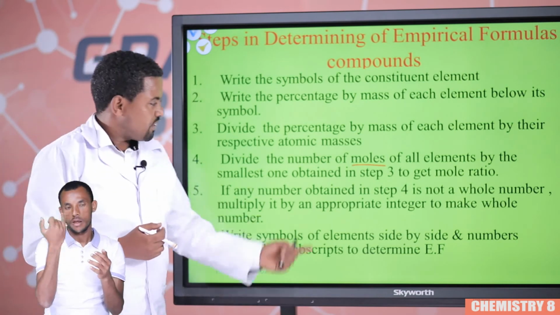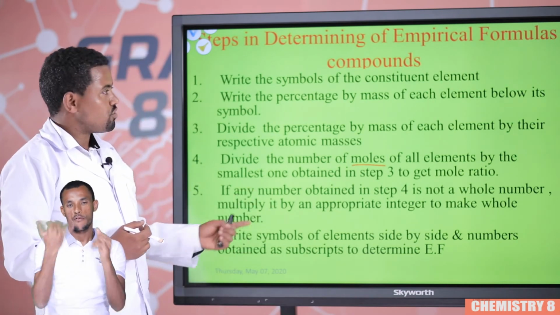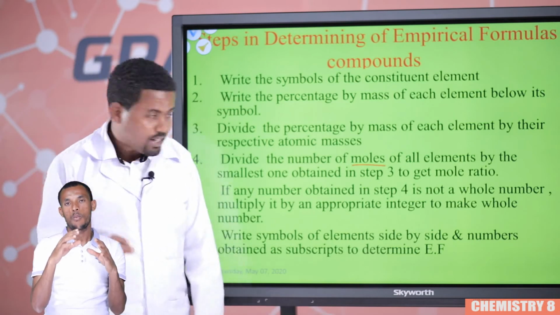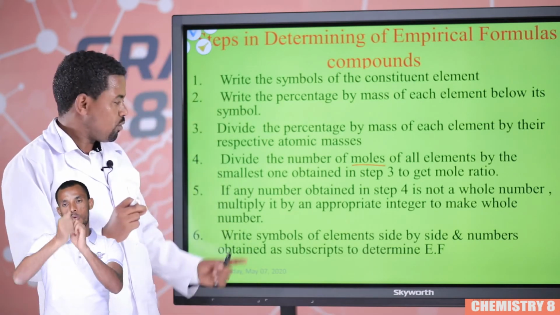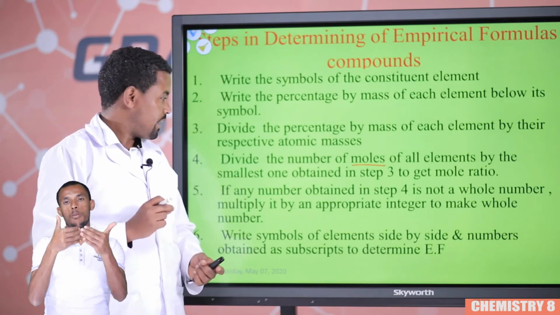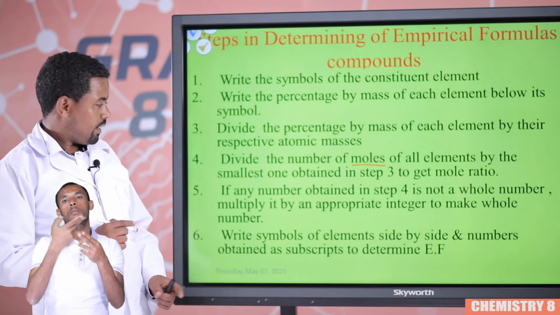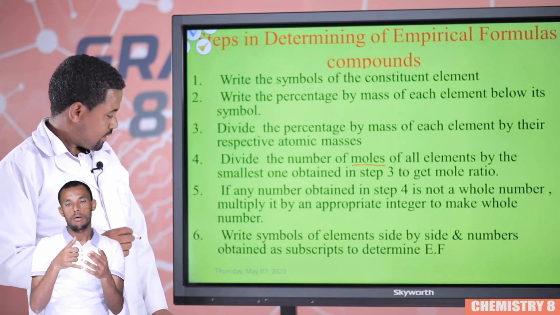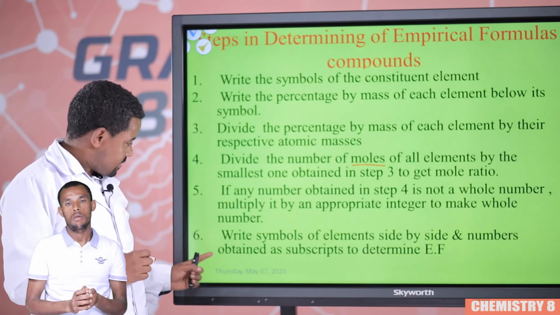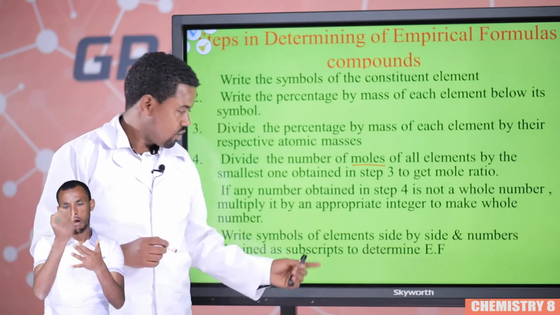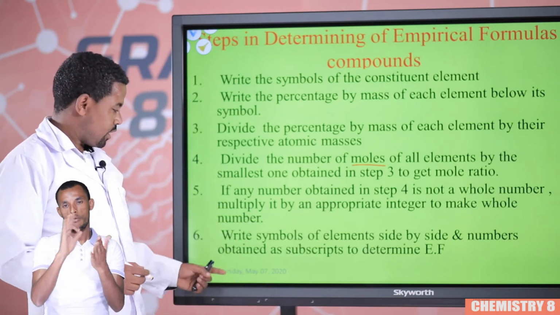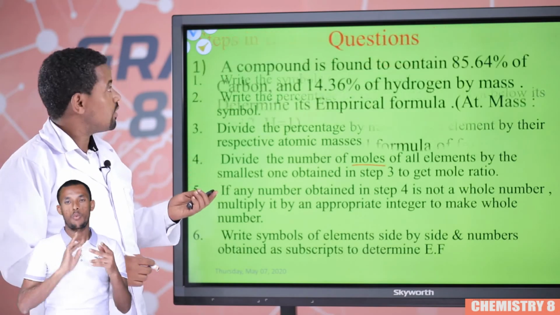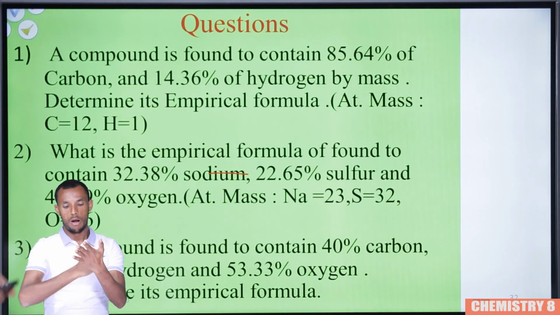If we have a fraction of moles, we convert it into an appropriate integer by multiplying by a necessary number. Lastly, we write the symbols of the elements side by side to write the empirical formula of the compound.